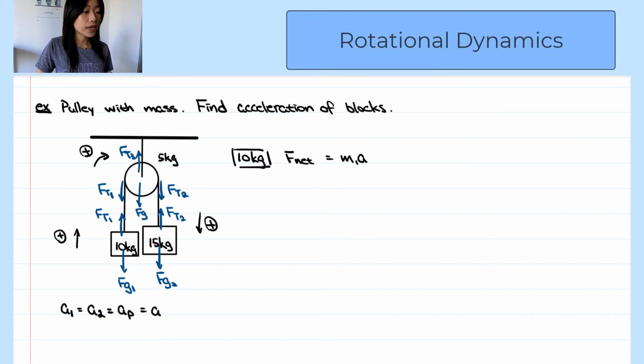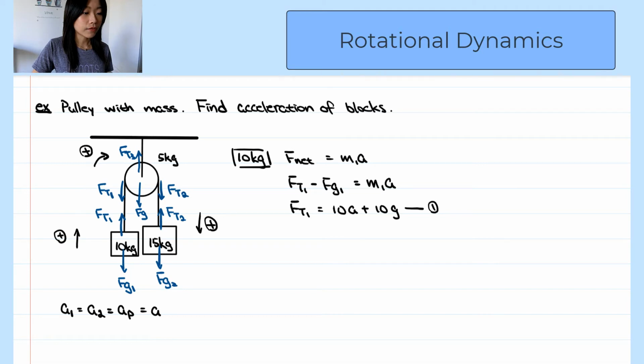We define upward as positive, so F net is tension 1 minus gravity 1, and this equals mass 1 times acceleration. Let's isolate for the tension. So it equals 10 times a plus 10 times g. Let's call this equation 1.